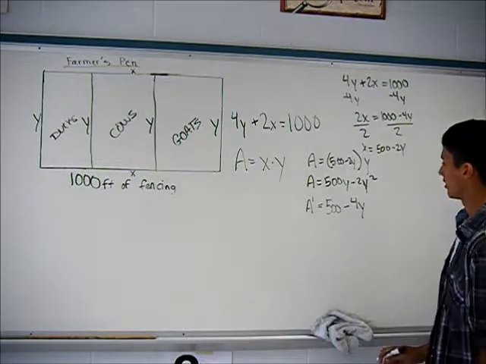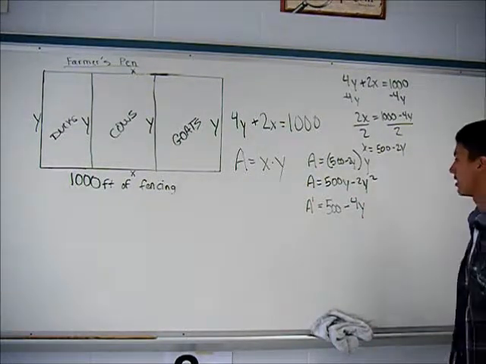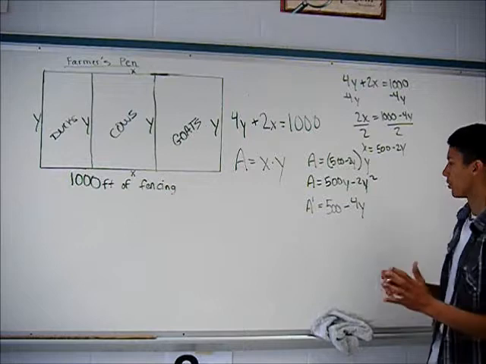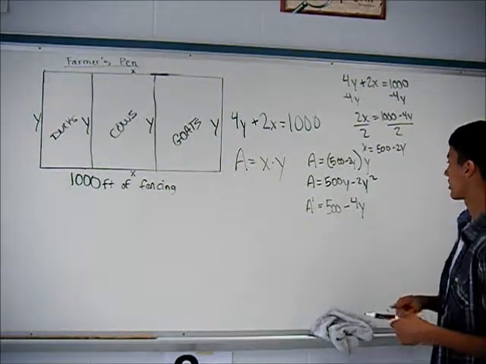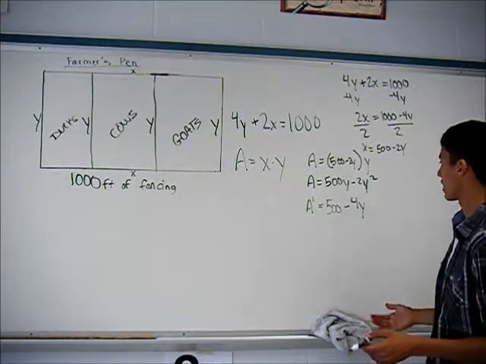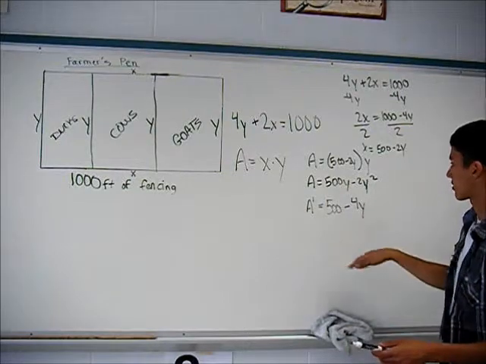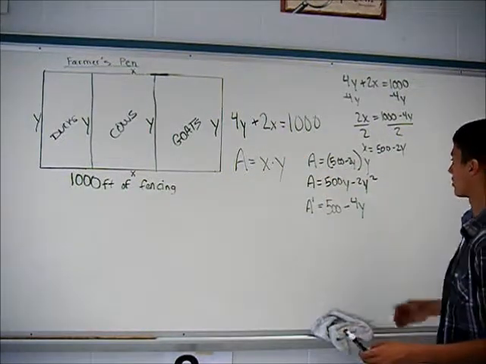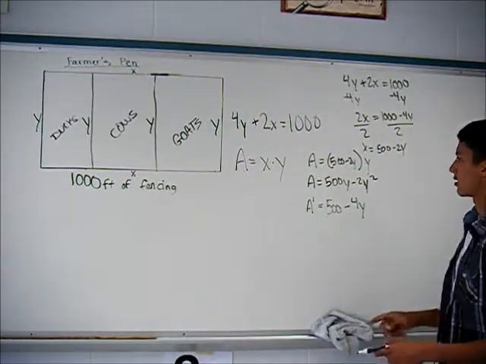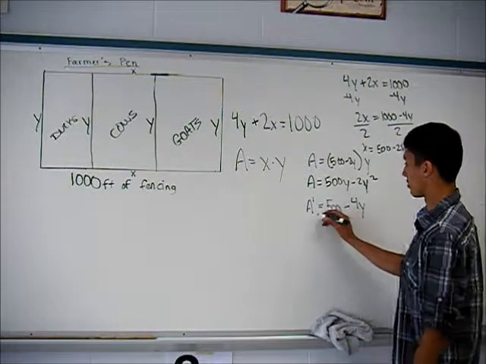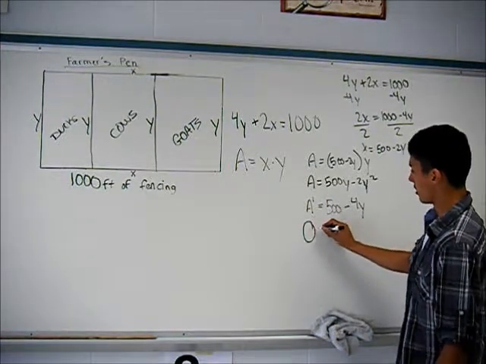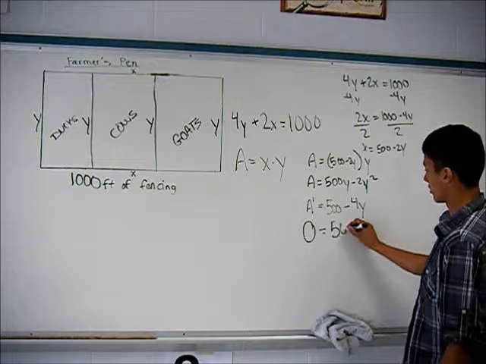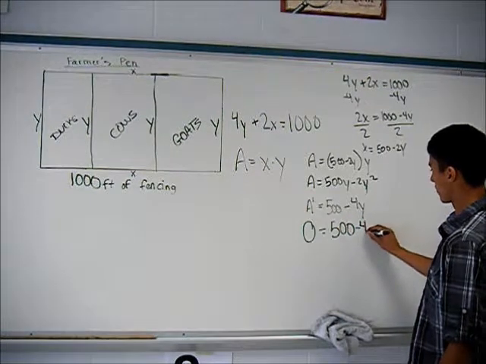Now, we've been learning about critical points. And so we want to find a critical point, either minimum or maximum, of this scenario to find the best possible y value for this situation. So we're going to set this equal to 0. Right, because critical points are places where the derivative is 0 or undefined.